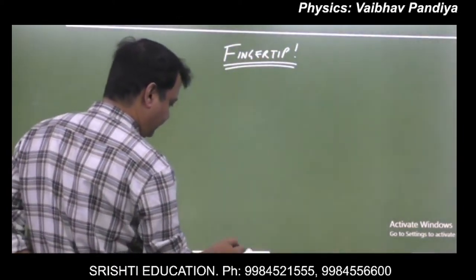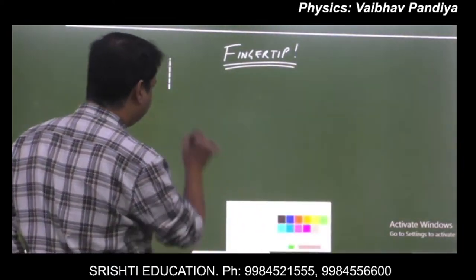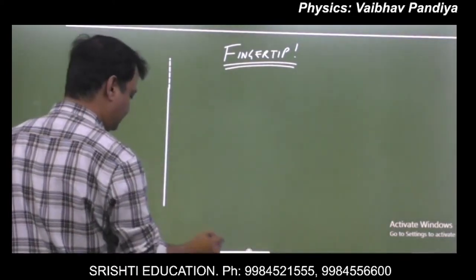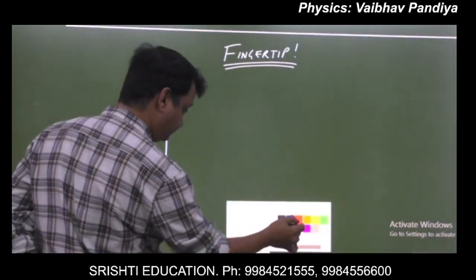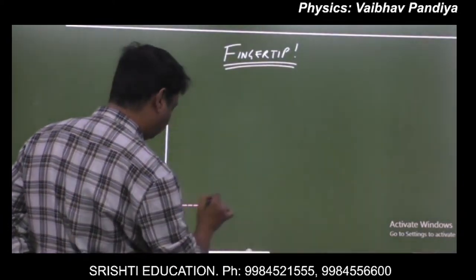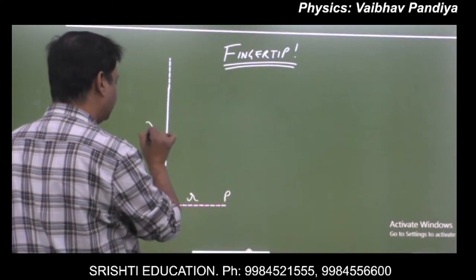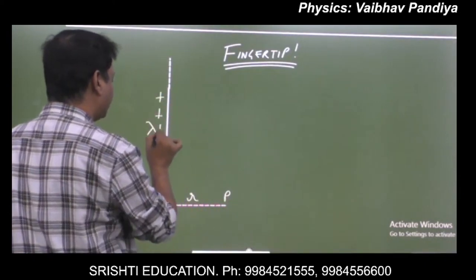Now suppose you are given some semi-infinite rod and there is a point P from the end at a distance r, and it has density lambda and say it is positively charged.